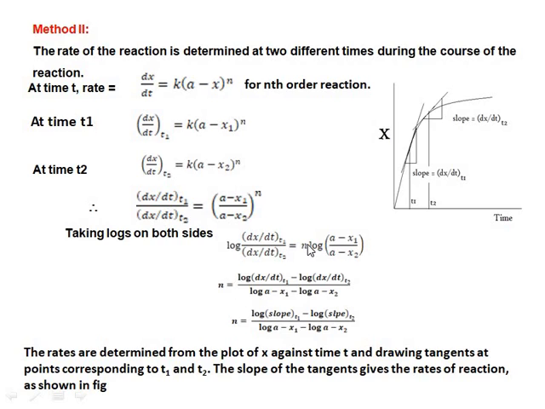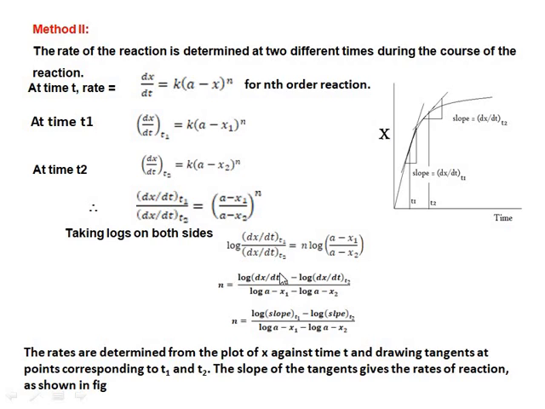Therefore n is equal to, one step is missing here, which is log of (dx/dt)t1 upon (dx/dt)t2 upon the log of (a minus x1) upon (a minus x2).